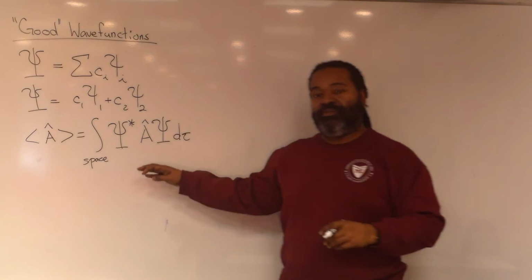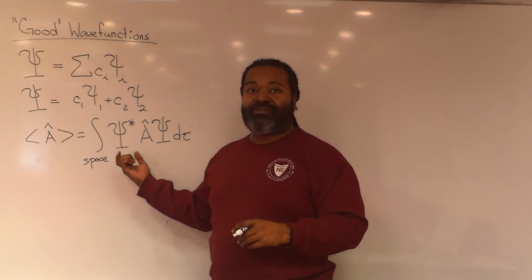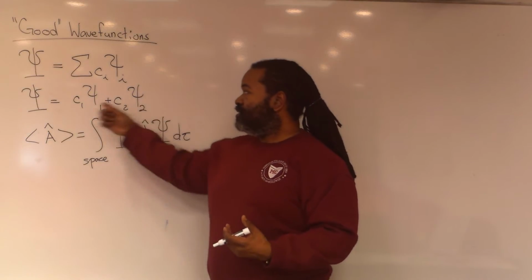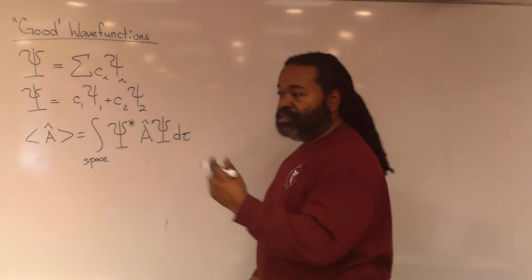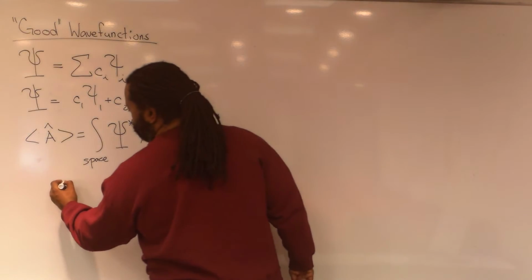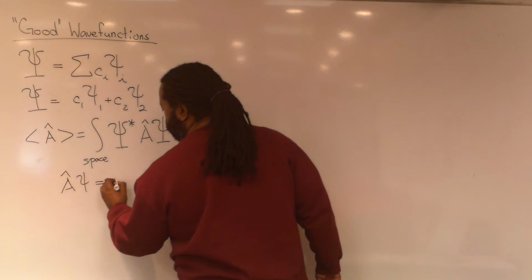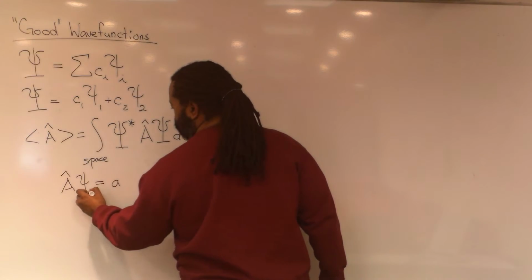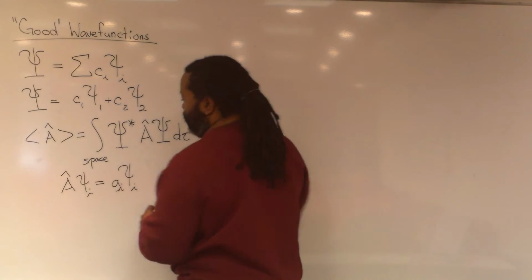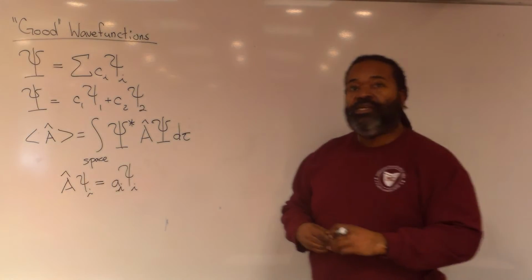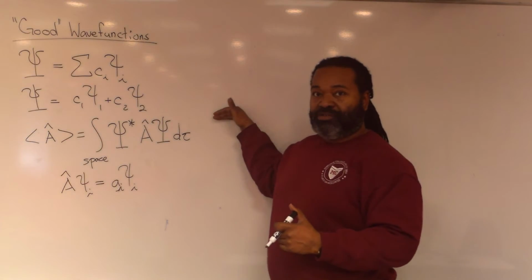Now, this comes from the fourth postulate, but in order to actually simplify this down, we can take advantage of the fact that these are orthonormal eigenfunctions of this operator, in which case we'll have the following additional piece of information that we want to take advantage of. That we get some characteristic eigenvalue as a result of applying the operator.